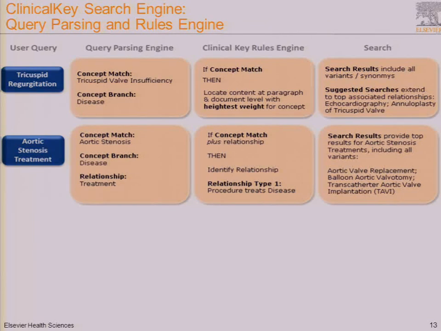Slightly different example: aortic stenosis treatment. So here we have a concept match which is aortic stenosis, and we know that because of the semantic relationships we have, this is talking about treatment associated with aortic stenosis. So now we're doing a concept match and using the relationships that are available with the concept.